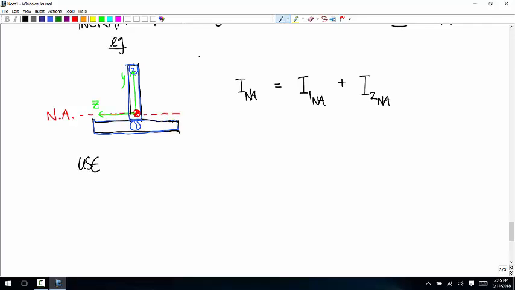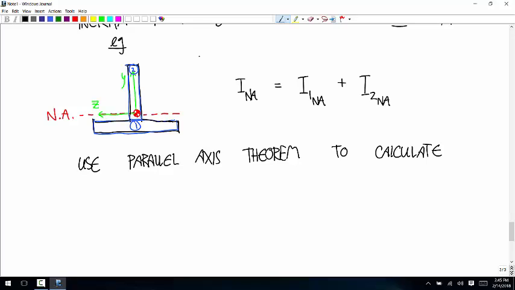And we'll use the parallel axis theorem to calculate the area moment of inertia of 1 about that neutral axis and the area moment of inertia of 2 about the neutral axis. It's the same idea as for mass moments of inertia in dynamics.